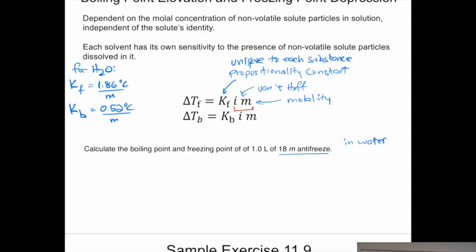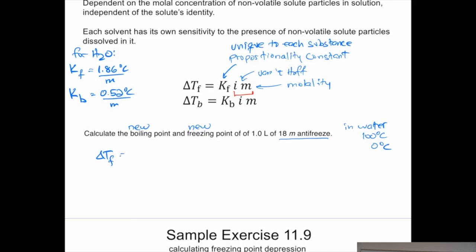So we want the new boiling point and the new freezing point, because we know what it is for water. What's the normal boiling point for water? 100 degrees Celsius. And what's the normal freezing point for water? 0 degrees Celsius. So that's our starting point. We're going to calculate the delta, and then from that delta we can figure out what the new boiling point and the new freezing point is.